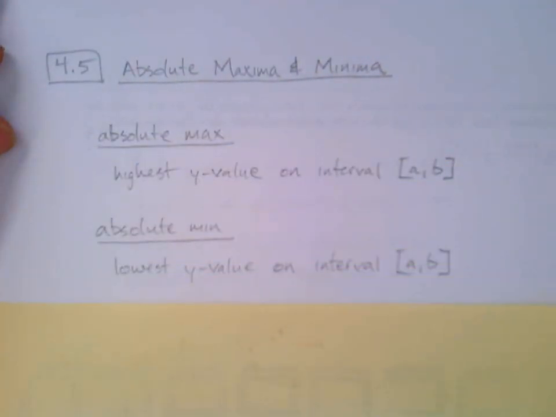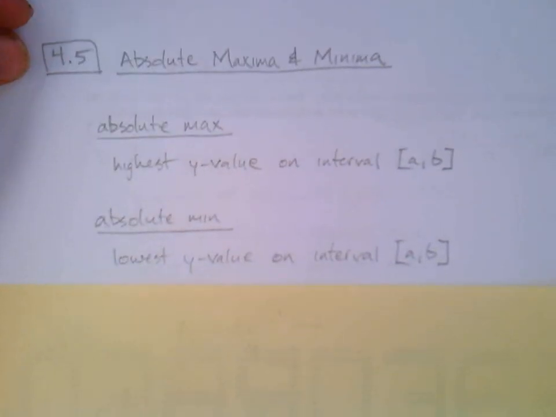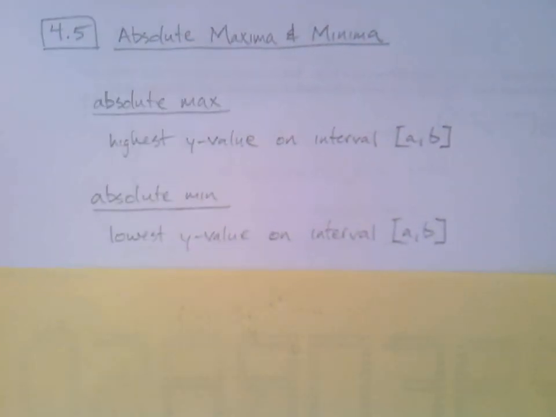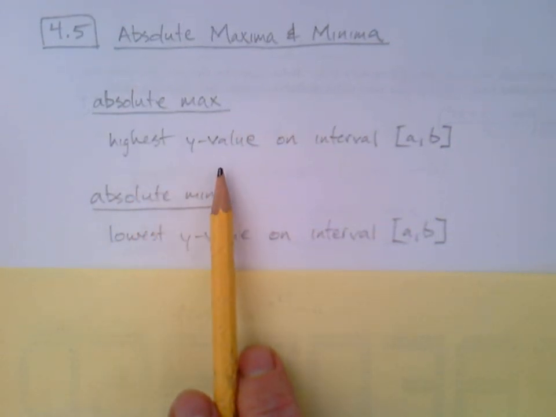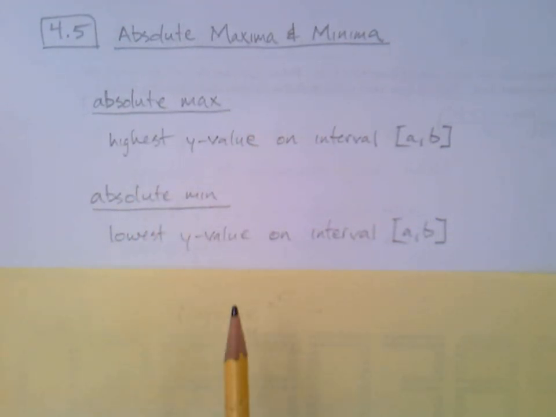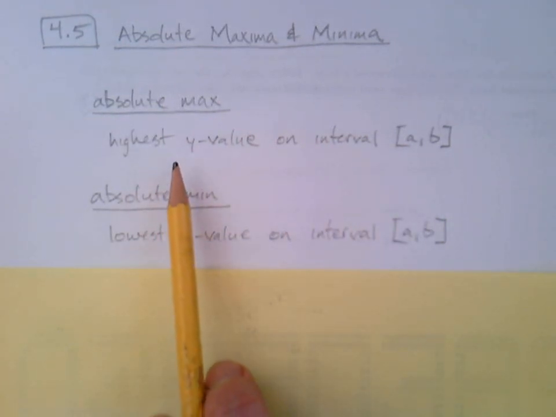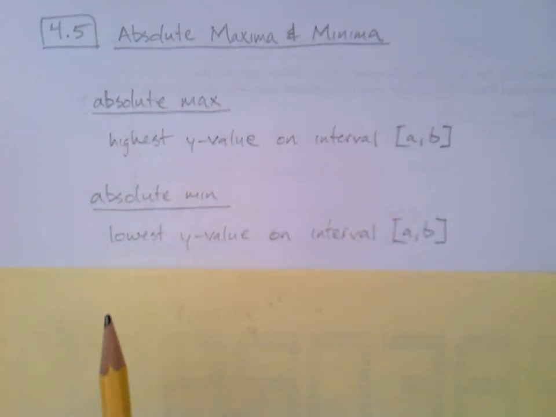Well, let's go ahead and define the absolute max and the absolute min, and they're probably what you're thinking they are. We define the absolute max as the highest y value of a function on an interval. So notice that it's not the full point. We don't care about the ordered pair, like we do with a local max or a local min.